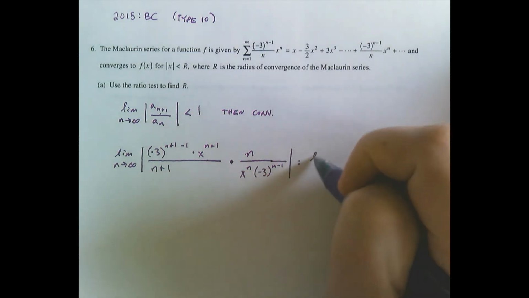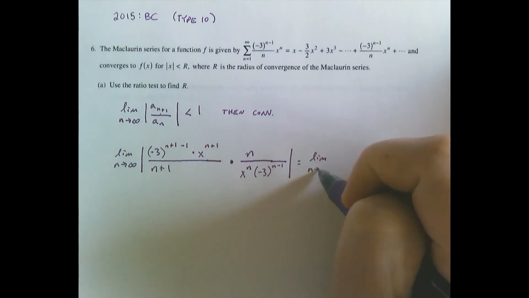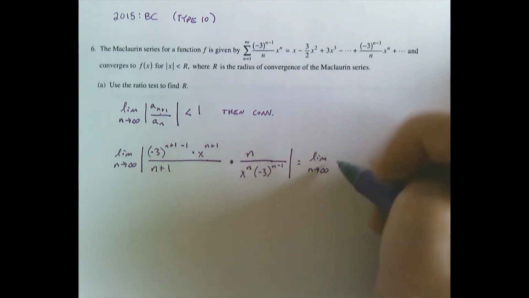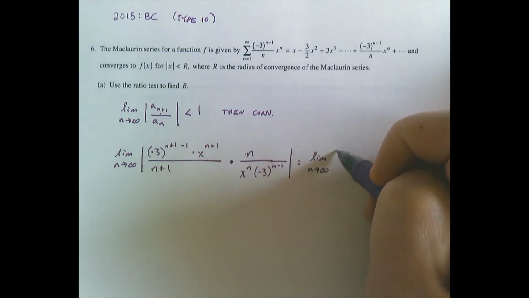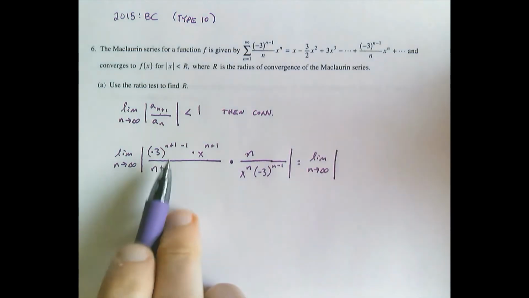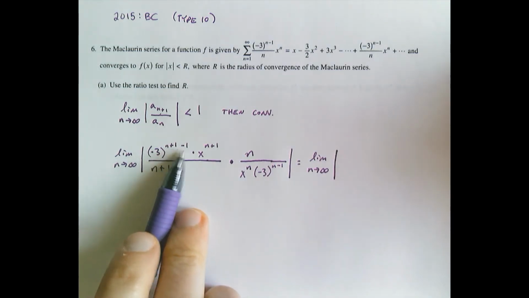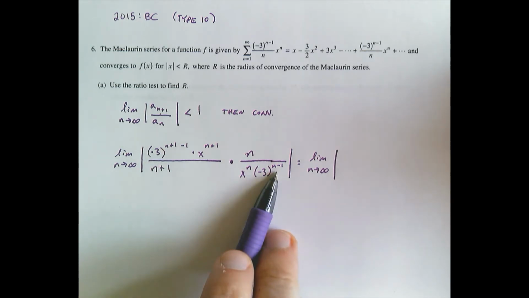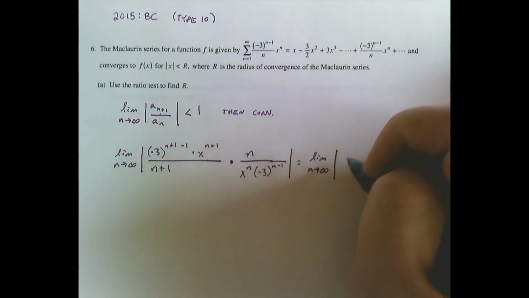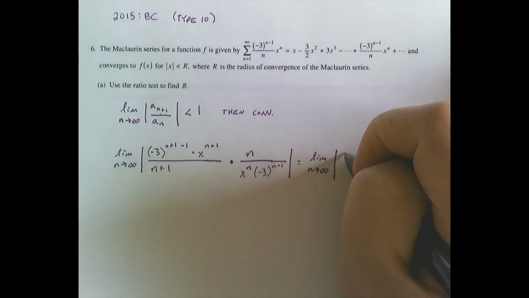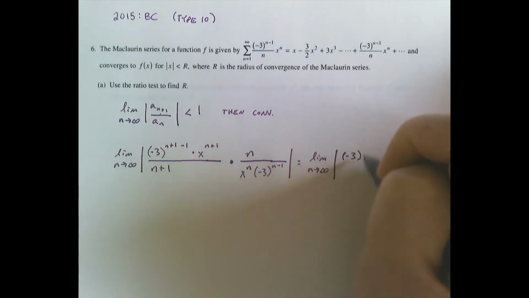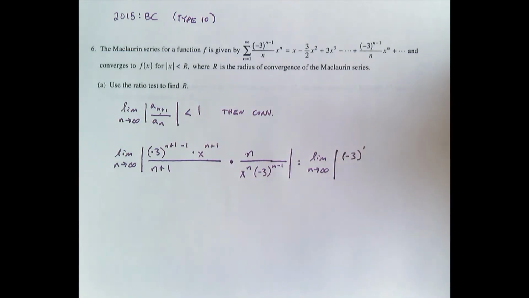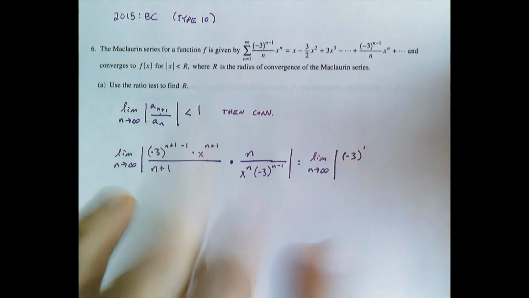As we start to clean things up in this expression, the plus 1 minus 1 cancels out, and we have an n on top and an n minus 1 on bottom. This leaves us with just a -3 on top for that piece.